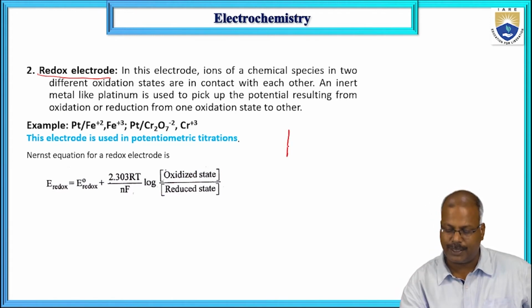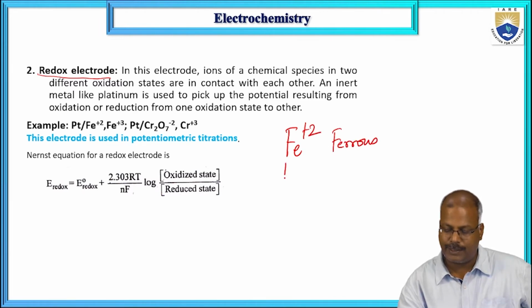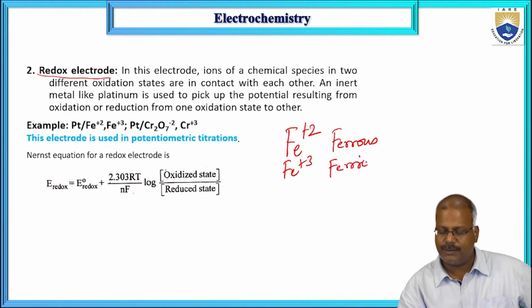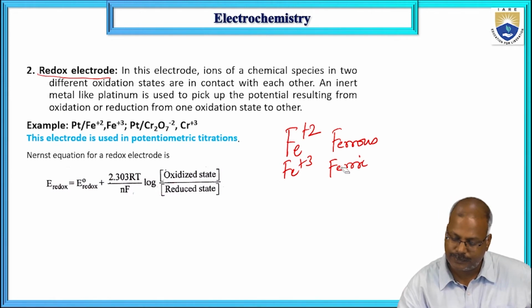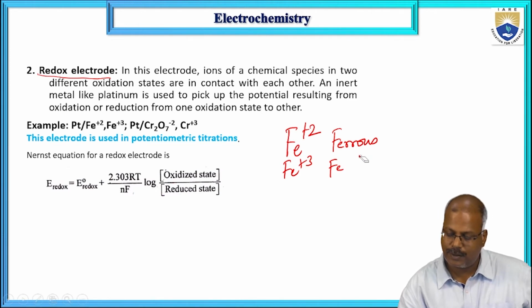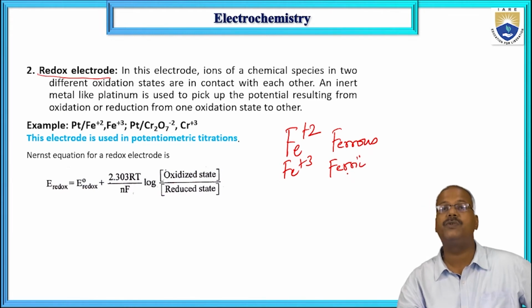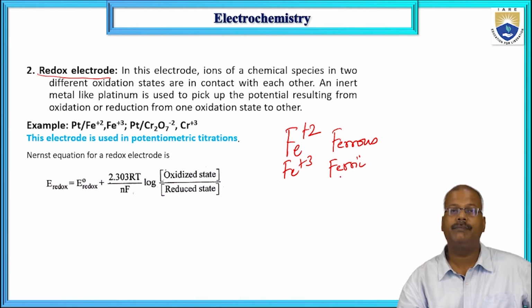For example, take iron Fe2+, ferrous, and Fe3+, ferric. When ferrous oxidizes to ferric, Fe2+ becomes Fe3+, that is oxidation. Then there should be something which undergoes reduction.